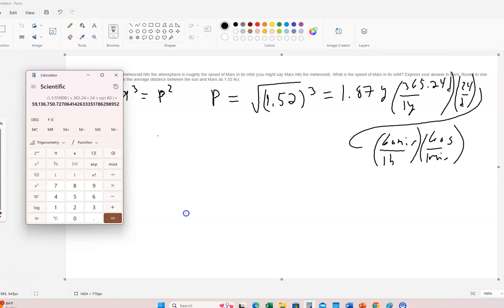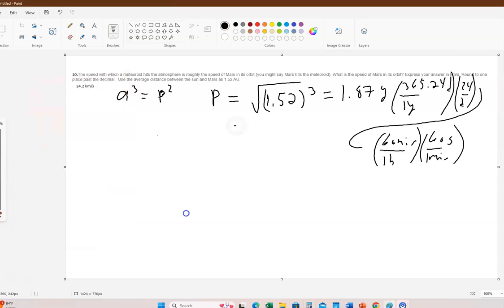It's going to be 5.9 times 10 to the seventh, so roughly 5.9 times 10 to the seventh seconds.